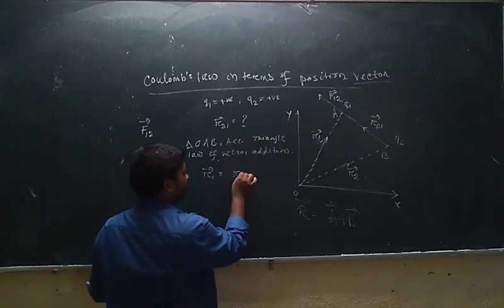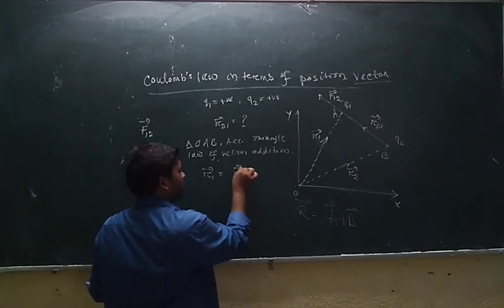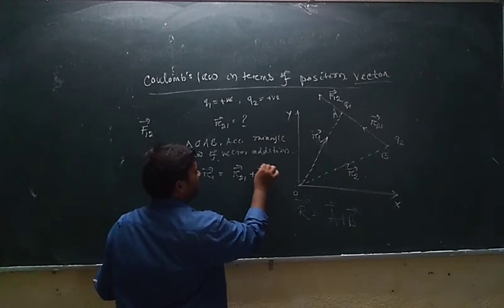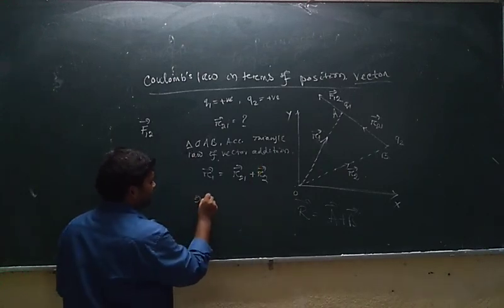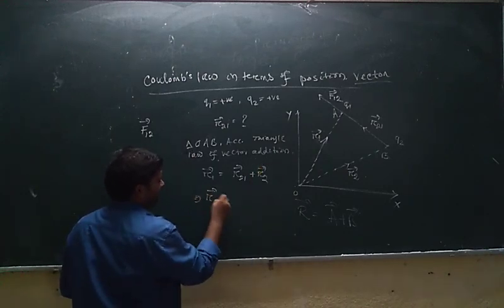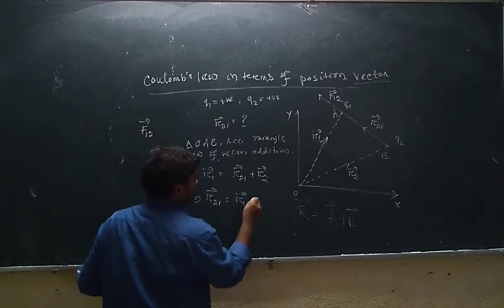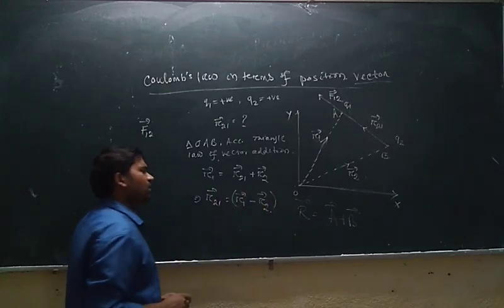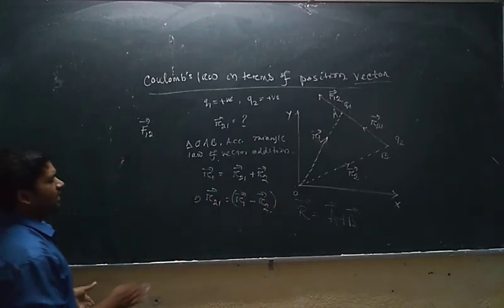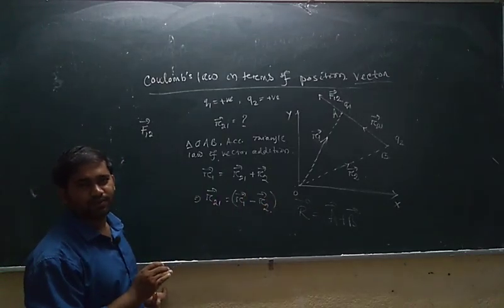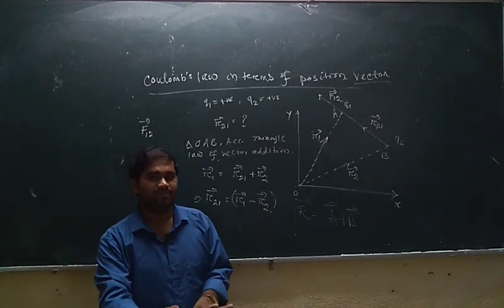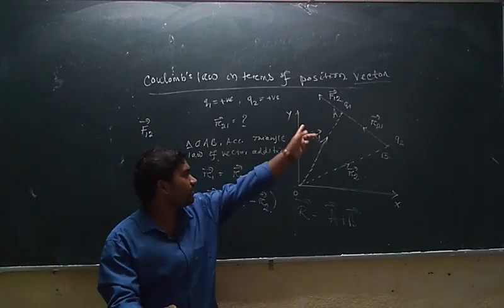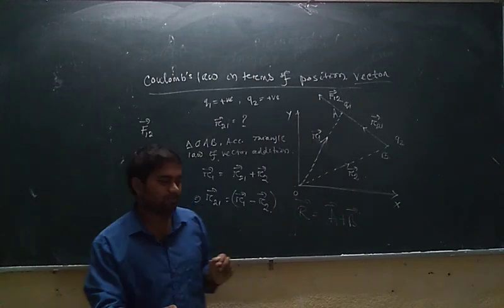So R1 vector equals R21 vector plus R2 vector. So R21 vector equals R1 vector minus R2 vector. This will be the value of R21 vector, and this data is not given, so you have to measure it from the triangle vector addition.